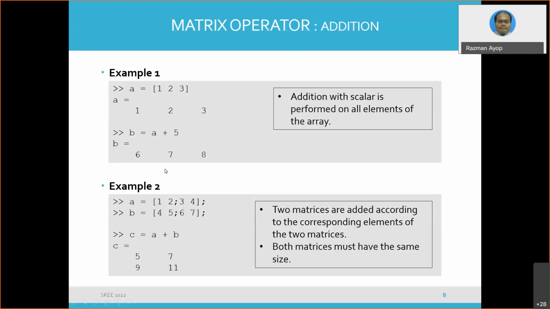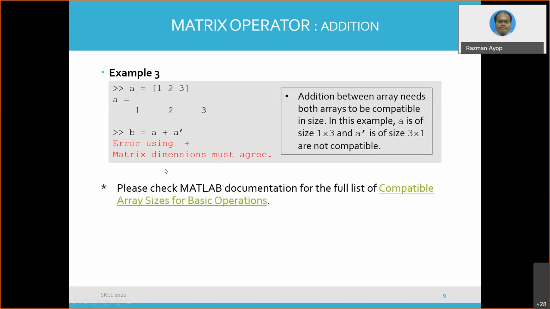Remember that when you want to do a matrix operation, you have to make sure that the arrays are compatible. When you want to do addition or subtraction with two different matrices, make sure they are compatible.